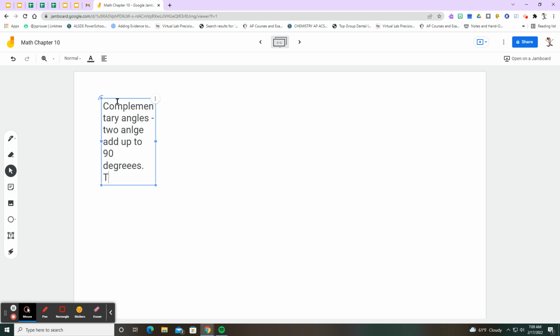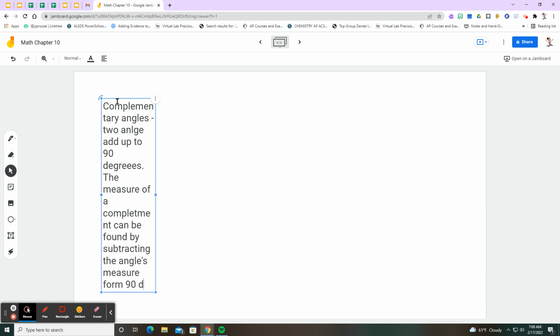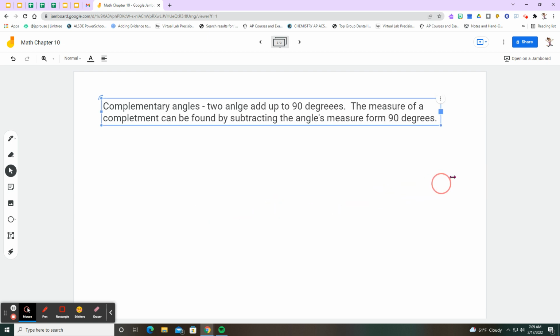Okay, so another way to think about it is the measure of a complement can be found by subtracting the angle's measure from 90 degrees. Okay. So that's a complementary angle.